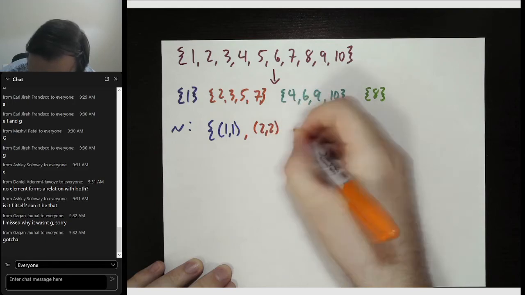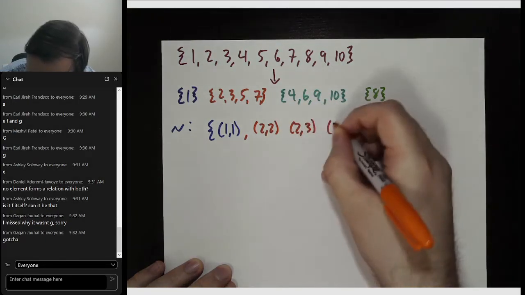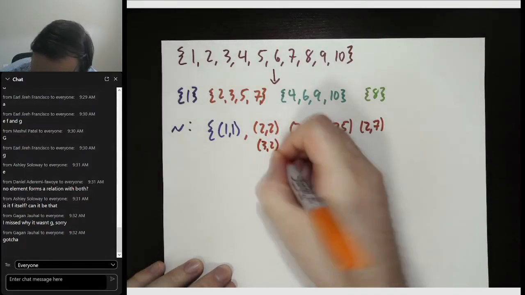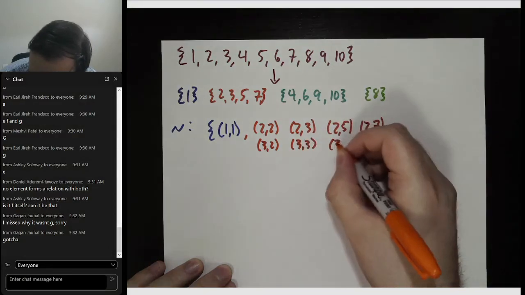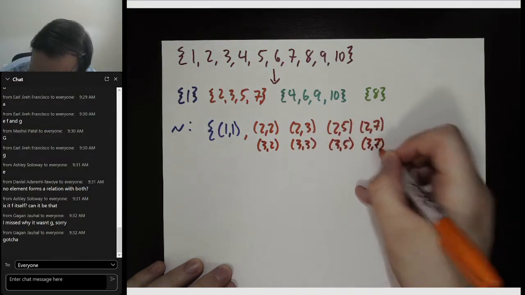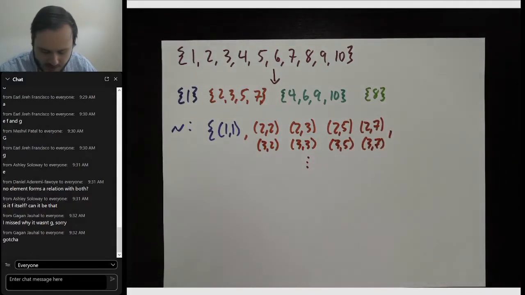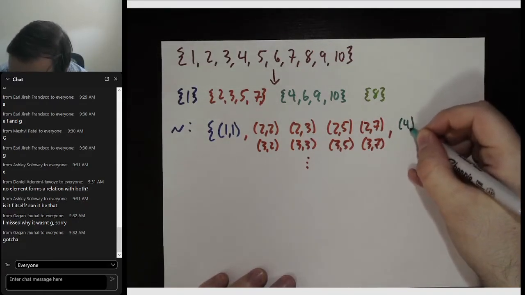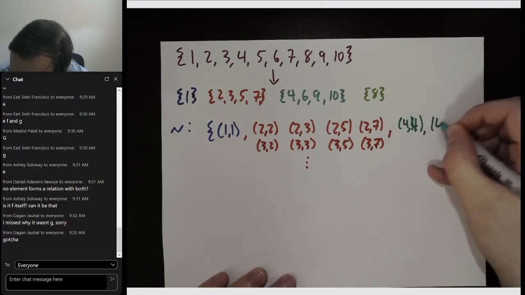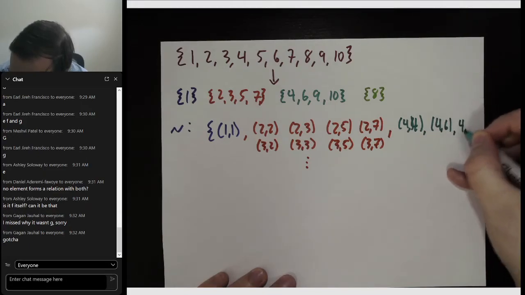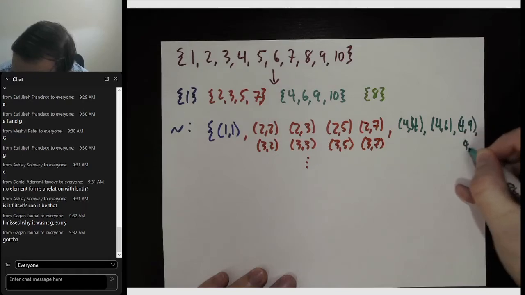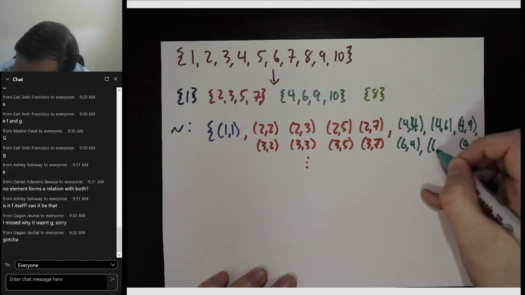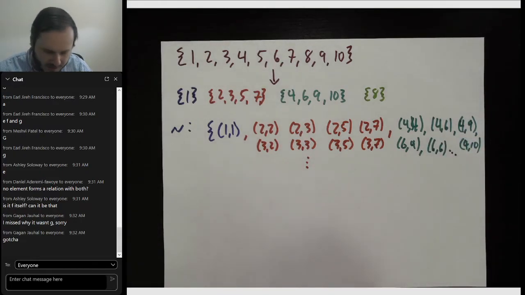So 2, 2, 2, 3, 2, 5, 2, 7, 3, 2, 3, 3, 3 comma 5, 3 comma 7, and so on. And then I get the teal pairs, 4 comma 4, 4 comma 6, 4 comma 9, 4 comma 10, 6 comma 4, 6 comma 6, and so on. And then at the very end I get 8 comma 8.